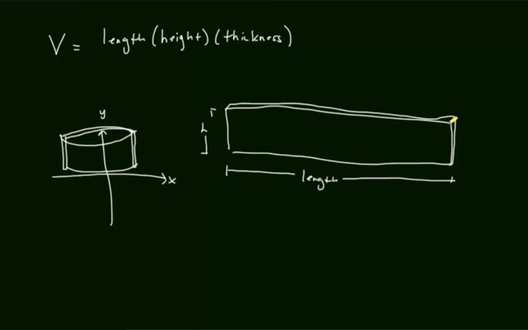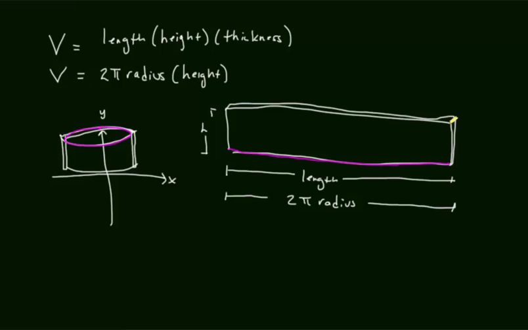But what I'd like to show you is this length here is actually this length here. I took the one sheet of paper, cut it, and then spread it open. So the length we see here is the same length we see here, which you should recognize as the circumference, which is 2 pi radius. So let's update our formula. The volume of a cylindrical shell is going to be 2 pi radius times the height times the thickness.